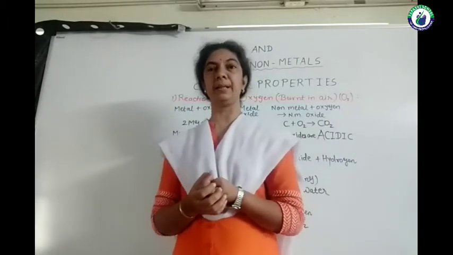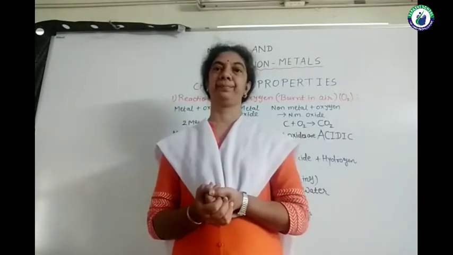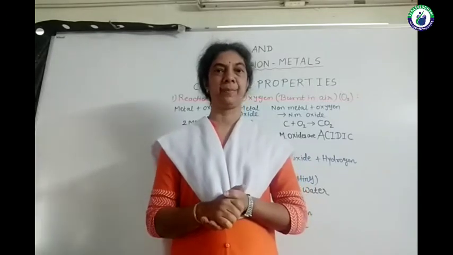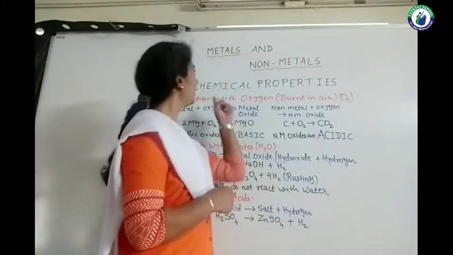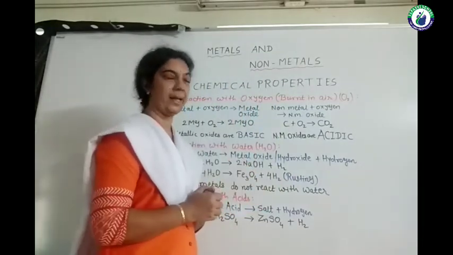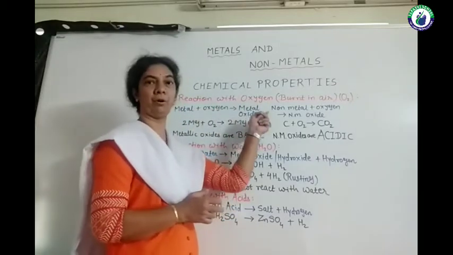Third, we are seeing the reaction with acids and bases, and then with different gases. So just now we are talking about the chemical properties of metals and non-metals, and very first we are having the reaction with oxygen.